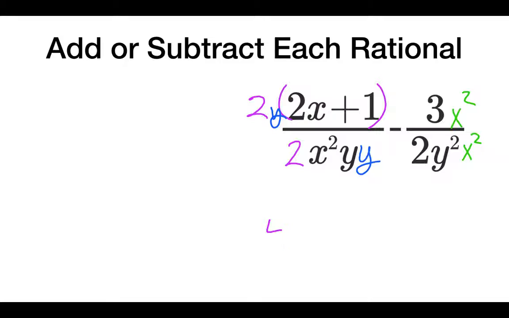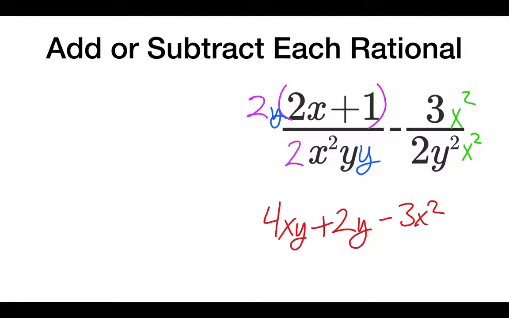You know what? I'm going to change my color to red. 4xy plus 2y, I distributed that out, minus 3x squared, all over 2x squared y squared.